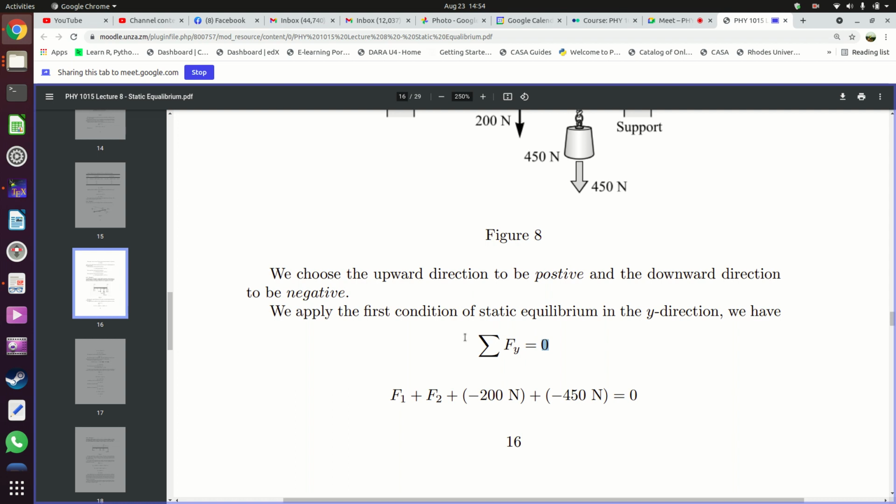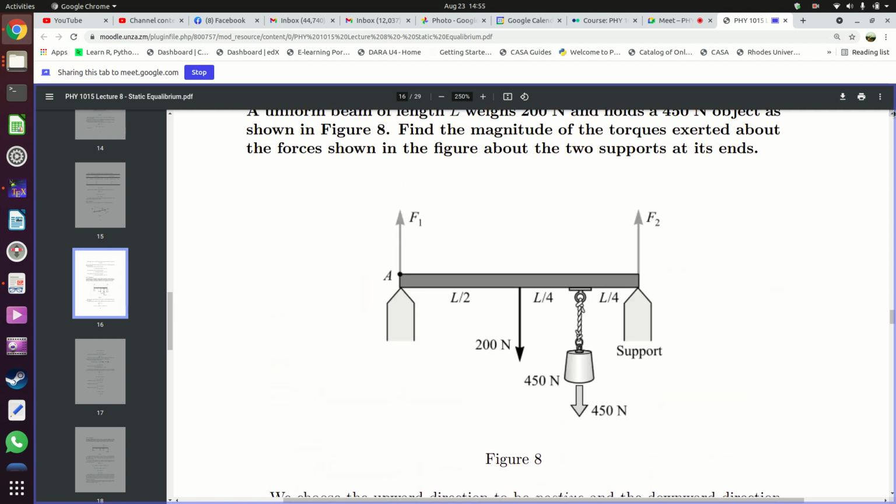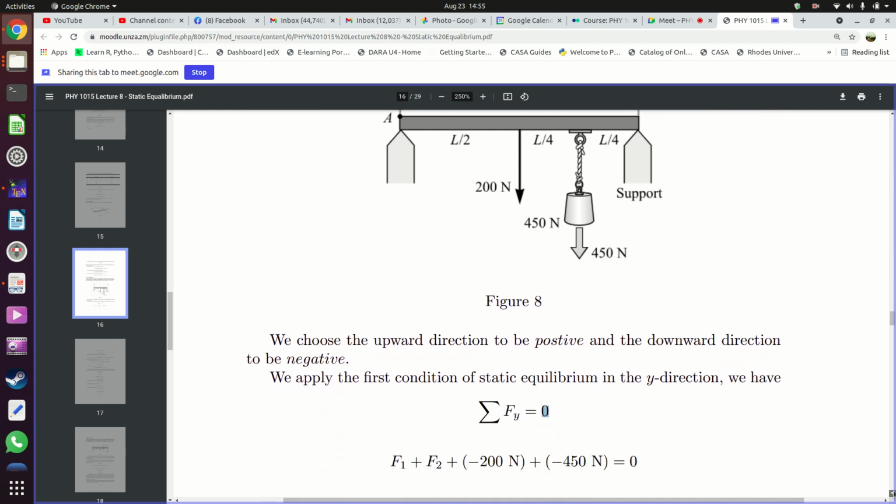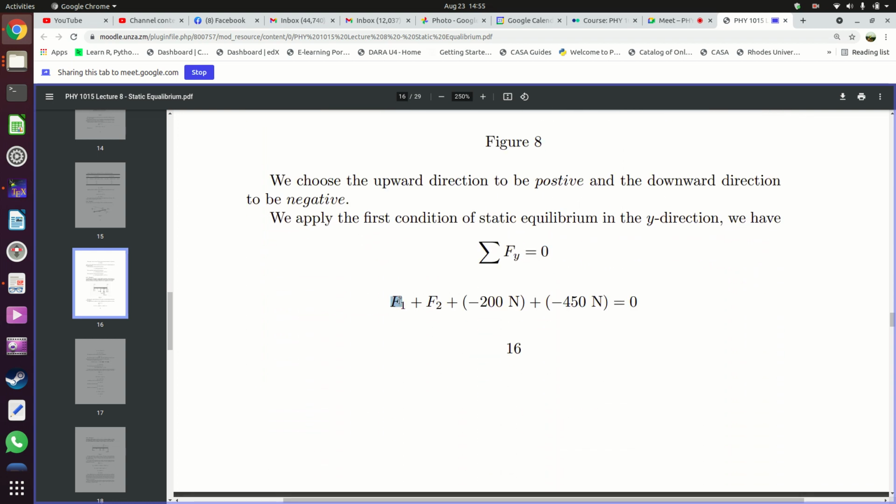So the positive forces along y are F1 and F2, since you have chosen up to be positive and down to be negative. This one is positive, this one is positive, and these two are negative because they are pointing down. So you're going to end up with F1 plus F2 plus minus 200 plus minus 450 equals 0.